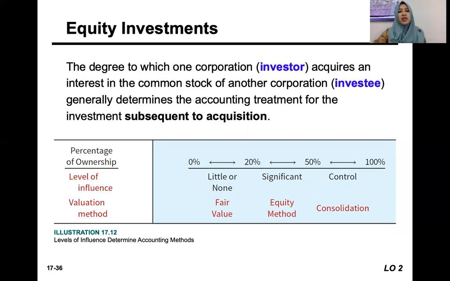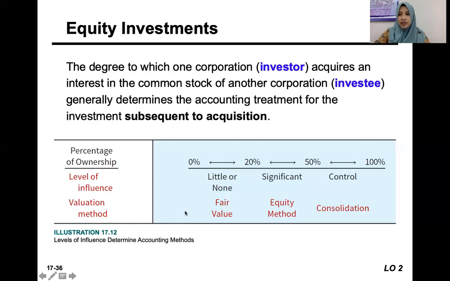For example, if we own 0% until 20%, meaning 0 point something, because of course if you own 0%, then you don't have any ownership in that company. So in the range of 0% until 20%, our influence toward that company is very little, and in that case, we use the fair value valuation method.